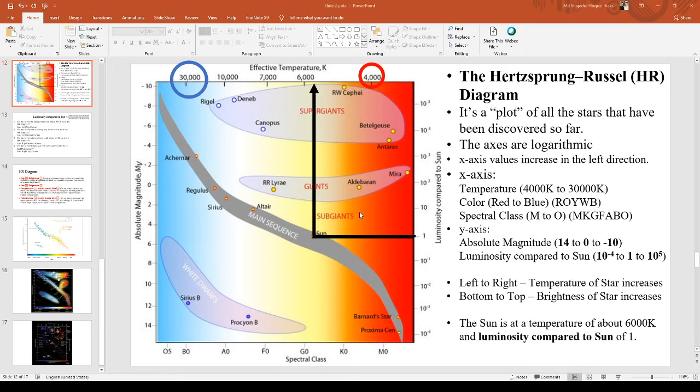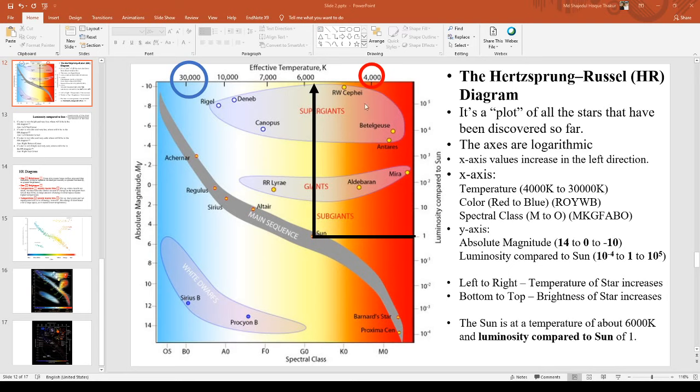If we have an unknown star near Sirius B, then it will be a white dwarf. You will say it has a high temperature and low brightness, so it's a small star with a very small size but a high temperature.